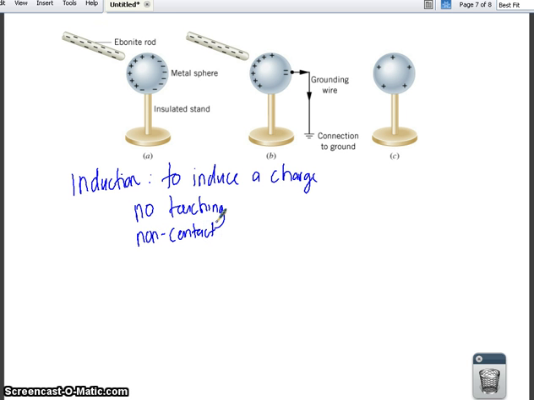So we're going to bring the same ebonite rod over to this metal sphere. There are electrons already on this sphere. As you can see here, because likes repel, these electrons are being pushed to the other side of the sphere.